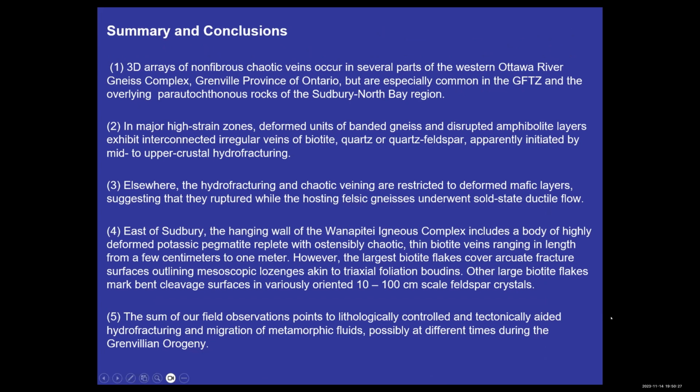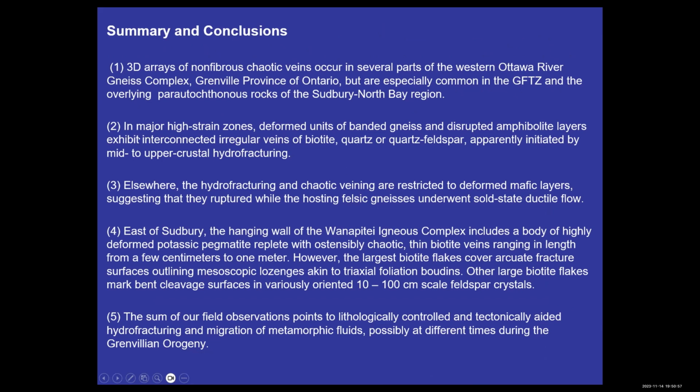Okay, so I have a few summaries here, and this is only a pioneering, first progress report of this project. We started only last year. The first conclusion: 3D arrays of non-fibrous chaotic veins occur in several parts of the western Ottawa River gneiss complex, and are especially common in the Grenville Front tectonic zone and the overlying parautochthonous rocks of the Sudbury–North Bay region.